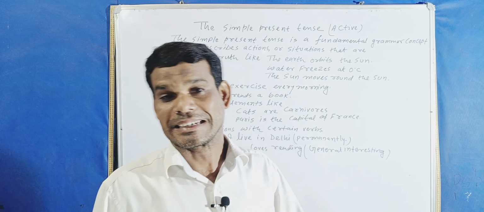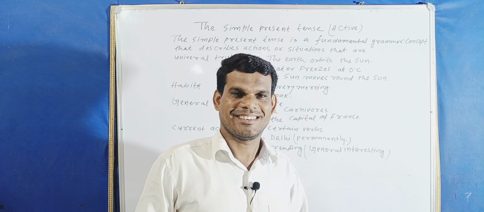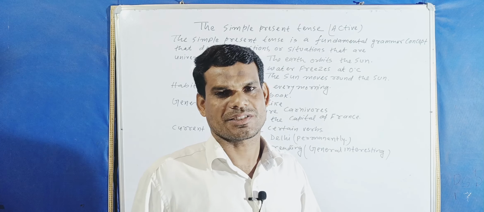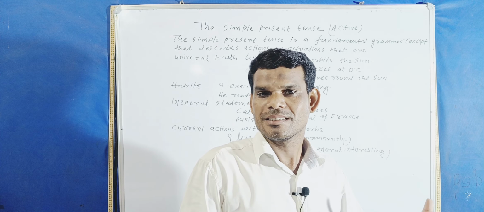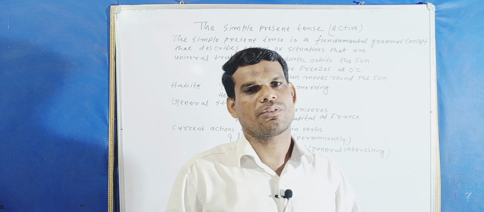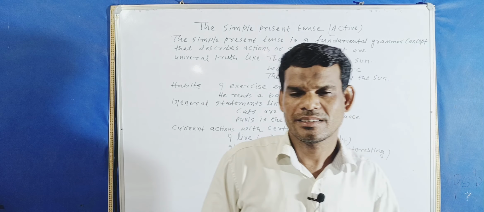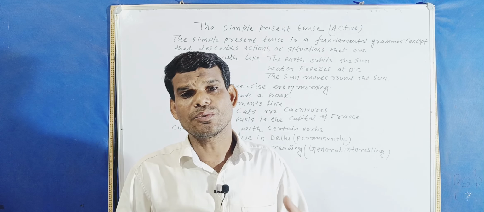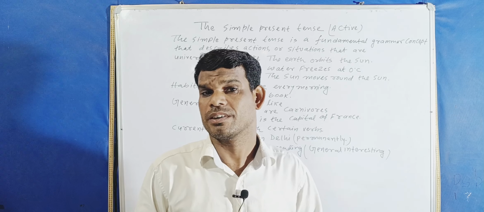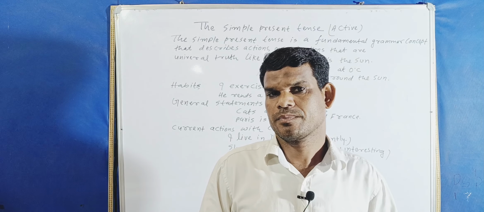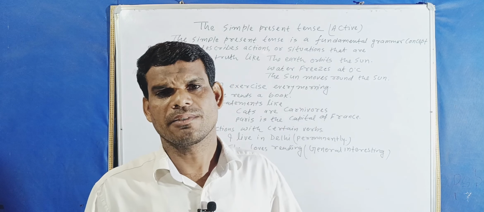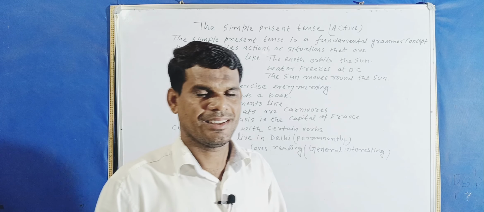Now we will discuss how it is constructed in a structure or formulas. Yes, in this tense, generally there are two verb forms used in affirmative sentences: verb 1 and verb 5.